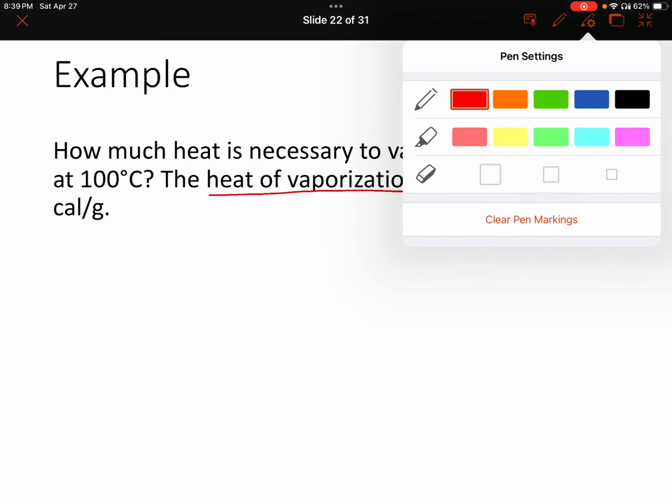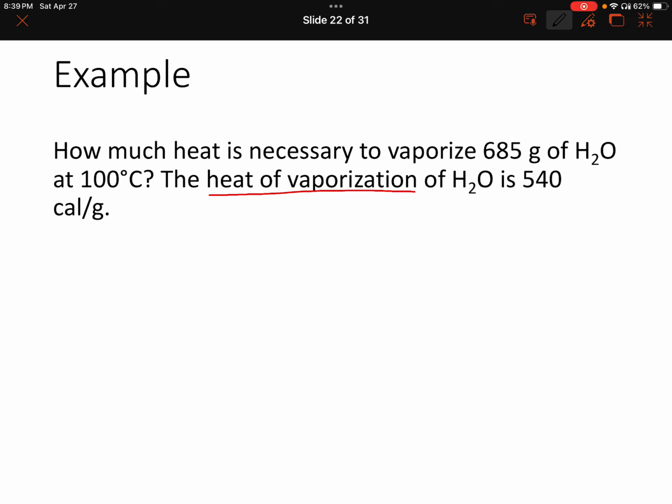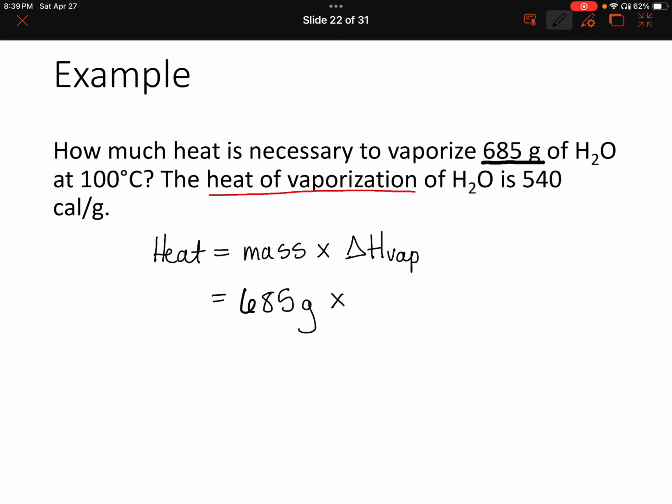So this tells us that we need the equation where heat is equal to mass times delta H of vaporization. And luckily, we're given the mass, 685, so let's plug that in. And we're given the heat of vaporization, 540 calories per gram.